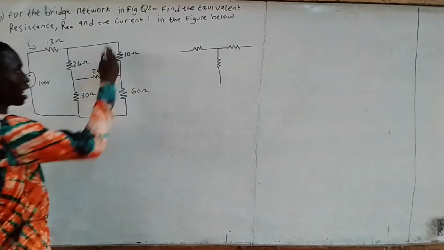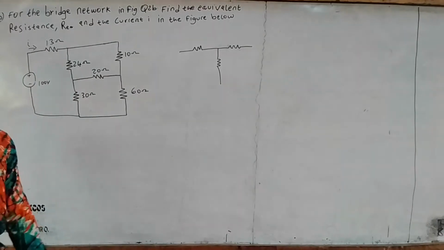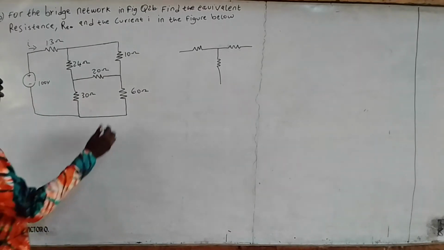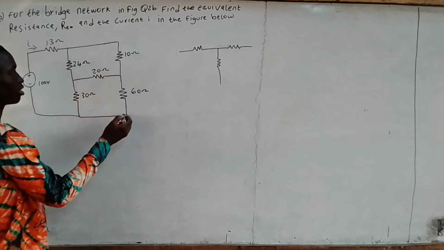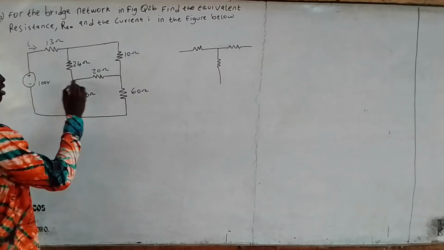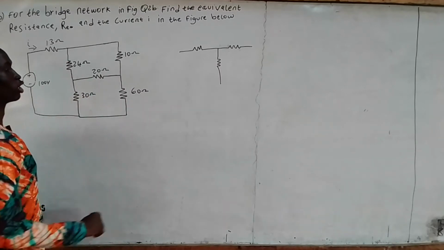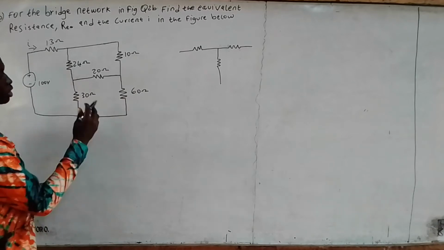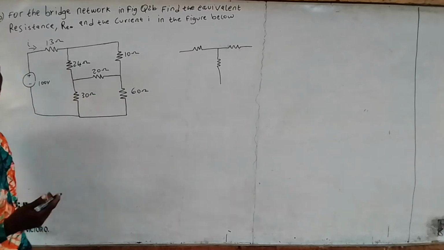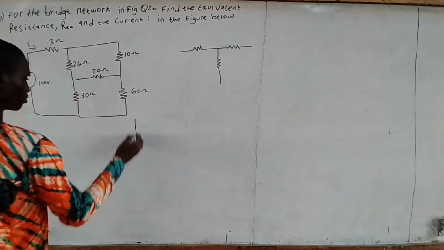So look at this. Can you see any star here? Yes, you can see it. There's one star here. There's another star here. Exactly. Good. So with this star here and star here, let us now solve a question like this.